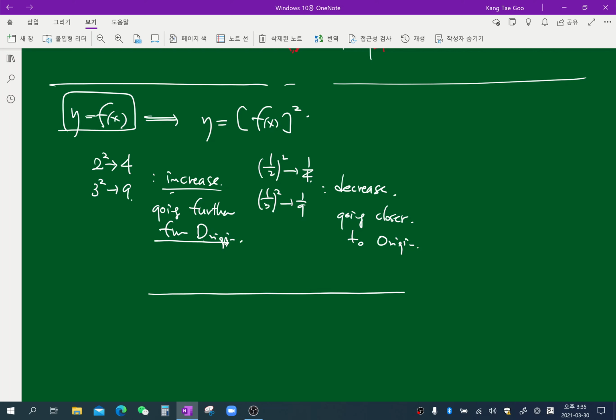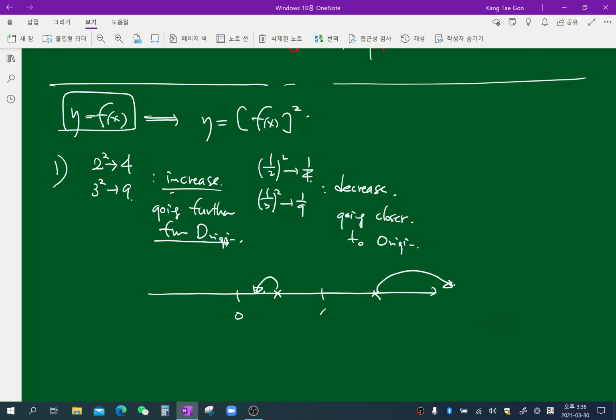So if you have a number line, with 0 here and 1, whatever number here, if we make the square, then it goes closer to 0. Whatever number out of 1, once we make the square, then it goes further away, far away from the origin. This is the movement. This is the first factor you should know.